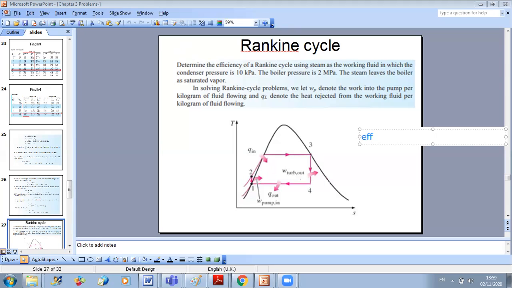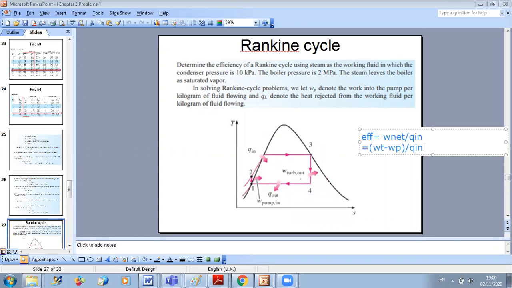Efficiency equals W net over Qn, which is equal to W turbine minus W pump, over Qn.